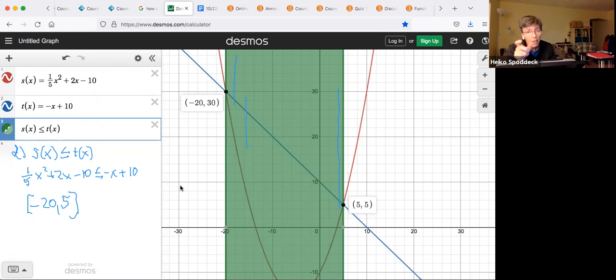And then the right side of the equation, write it as a function with a function name in a separate line. And then you can just have Desmos do a lot of the work even for you, right? So I hope that's helpful.